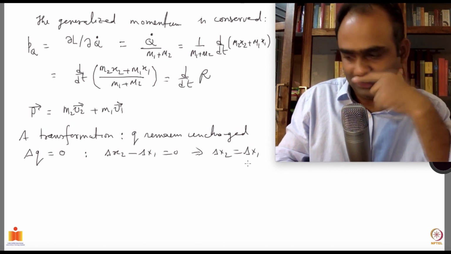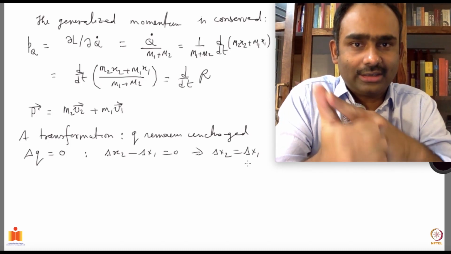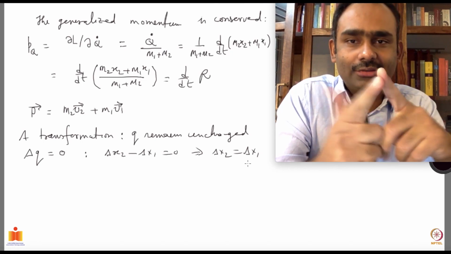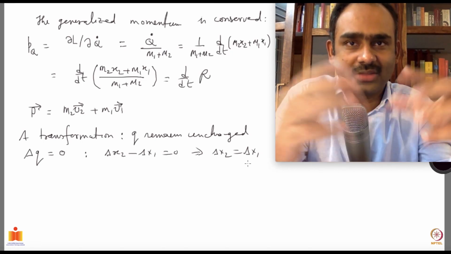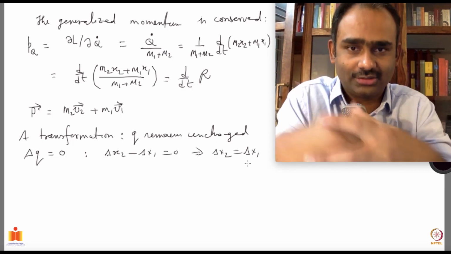So we have talked already about the conservation of energy that arises from time translation symmetry. Then we have talked about conservation of momentum, the total momentum of the entire system, through this example, which arises because of space symmetry.